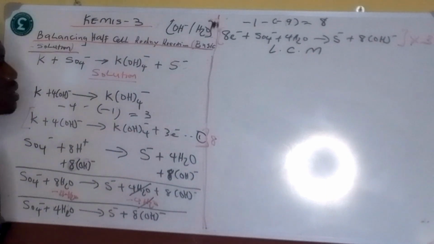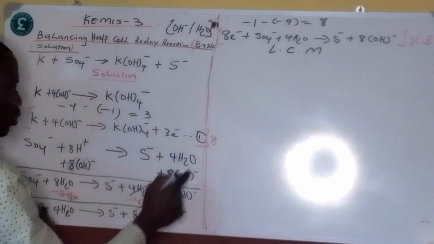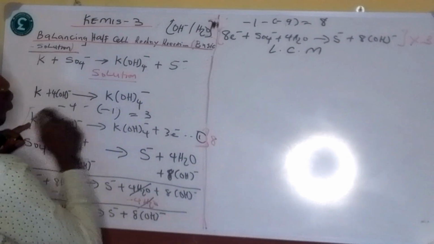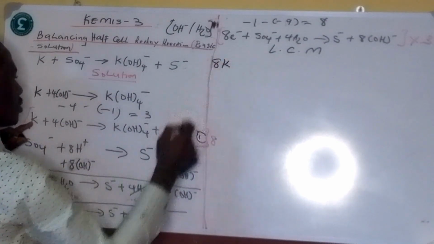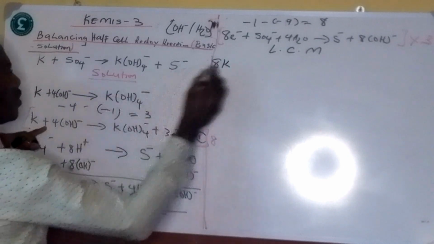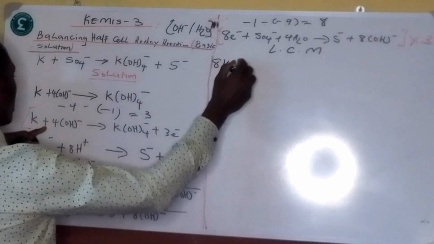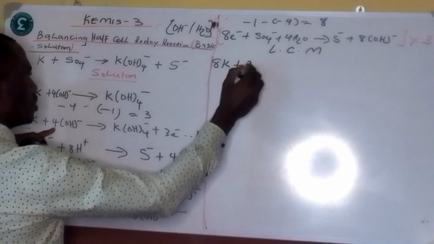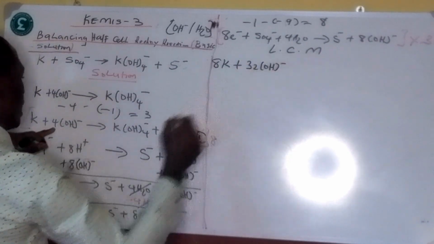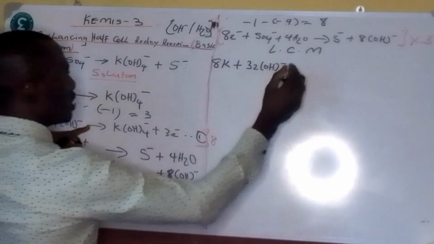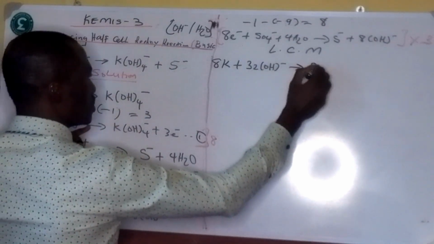If I've done that, in equation 1, 8 times 1 is 8 potassium. 8 times 4, that should be 32 hydroxyl. Then 8 times this is going to give me 8 of those.